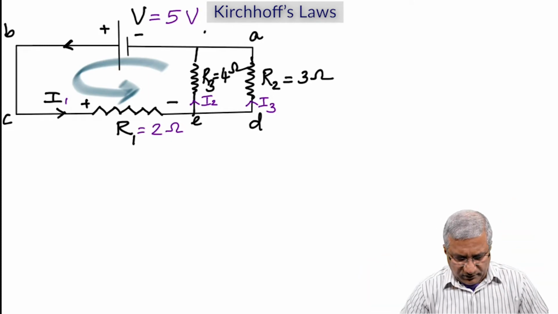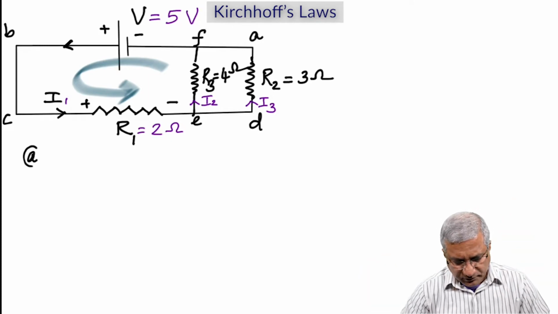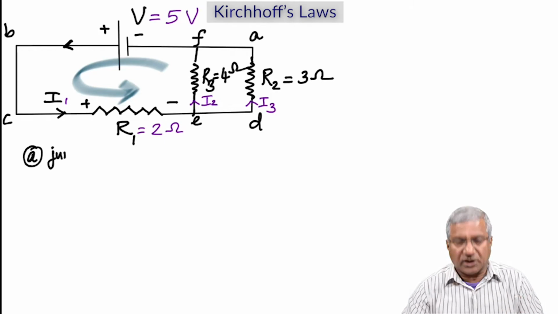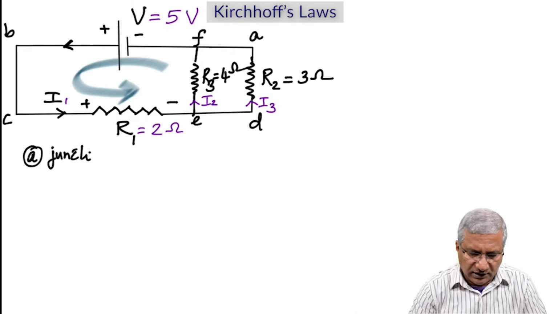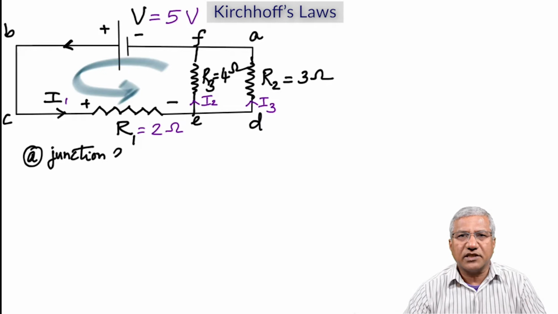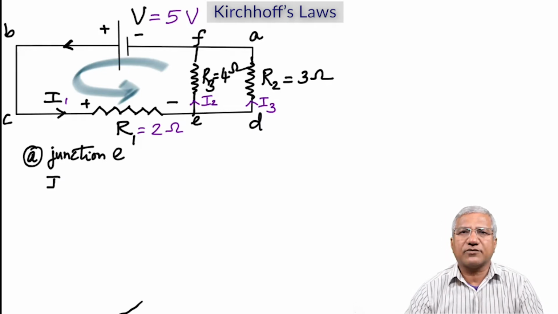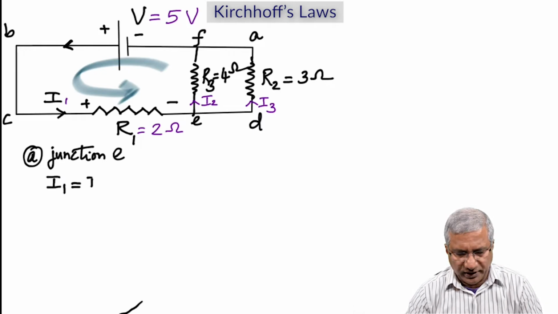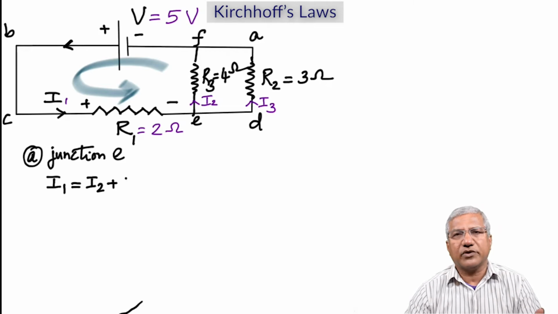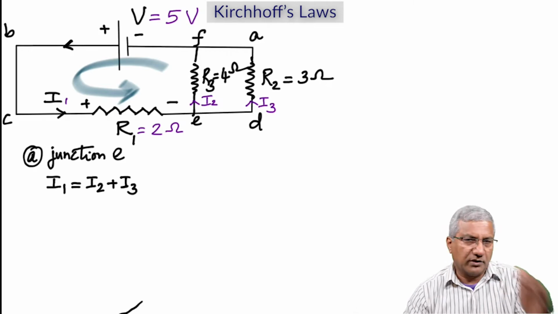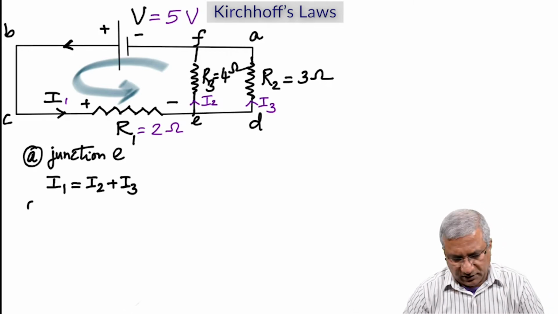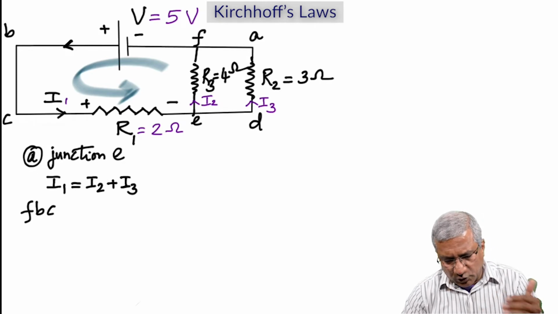So at the junction, which I've called E now, applying Kirchhoff's junction rule, we can say I1 is equal to I2 plus I3. Hold on, we're going to use that in a minute. But now let's look at the loop.